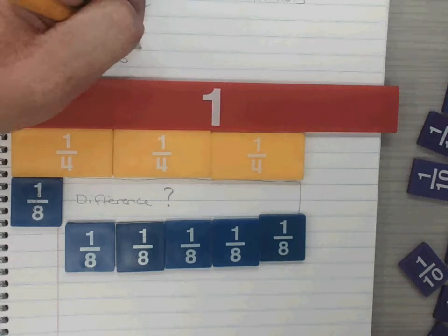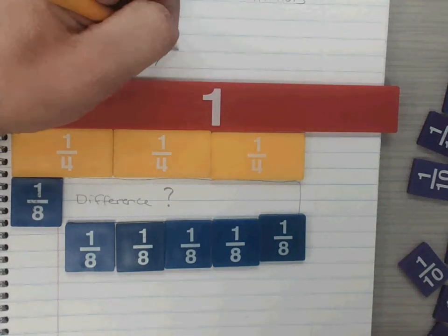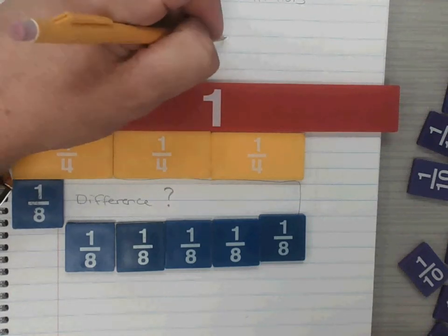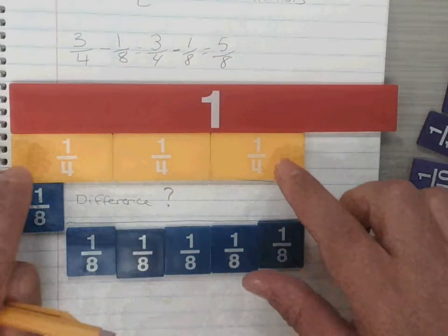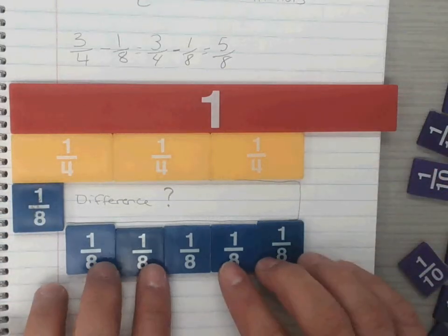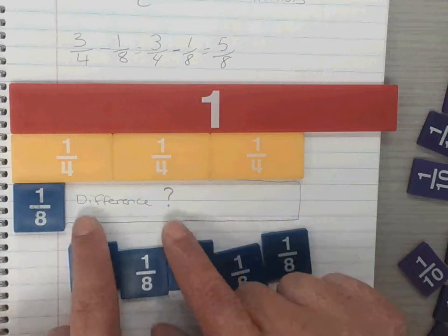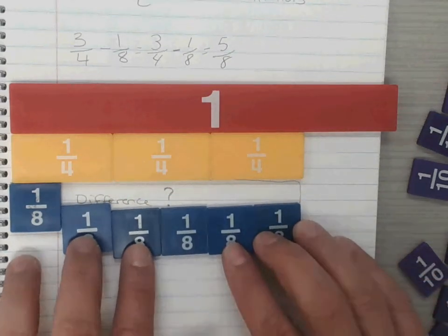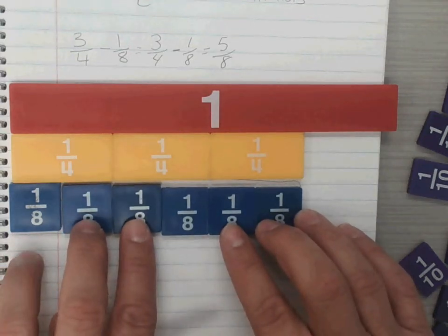So I can say 3/4 minus 1/8 equals 5/8. I put my 3/4 there, and I am taking away an eighth. So I was looking, well, what fits in my difference box? What's my difference? And I was able to fit in 5/8.